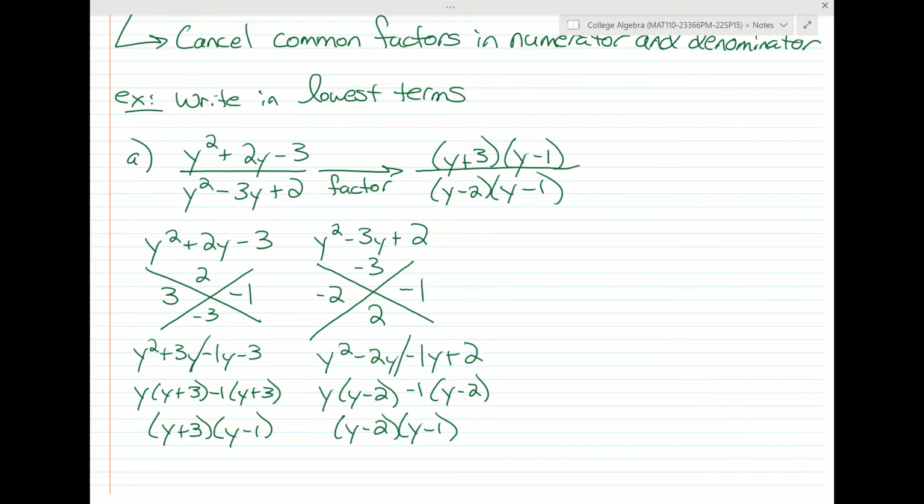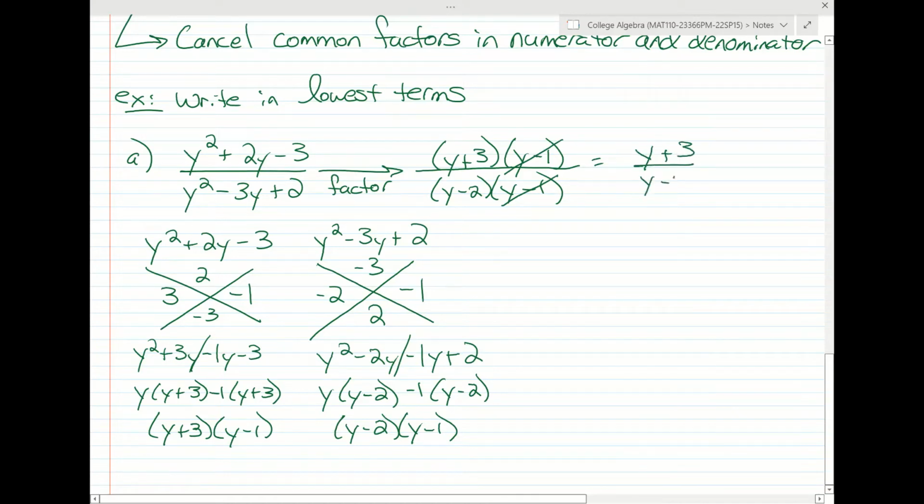So now that we factored completely, do you see any common factors that we could cancel out? Yeah, so we'll just cancel those out, and we'll just wind up with y plus 3 over y minus 2. That would be the answer.